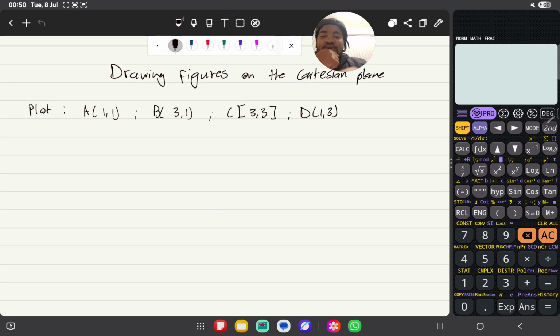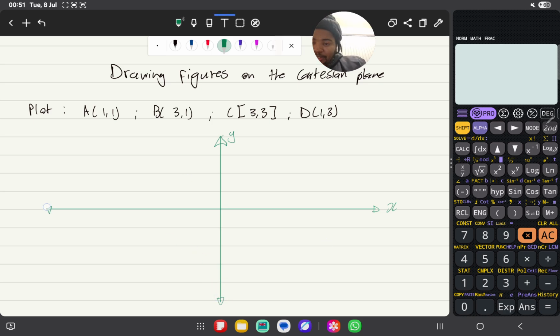So we have our Cartesian plane, not drawn to scale, of course. This will be our y-axis, and this will be our x-axis. Let's count 1, 2, 3, 4, 5.